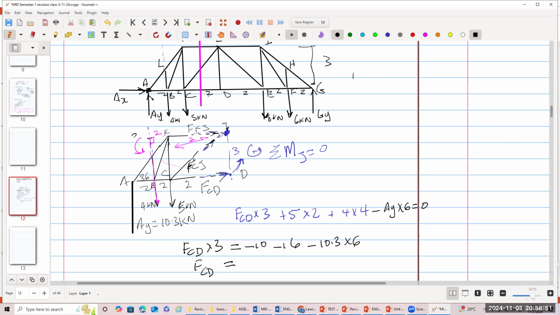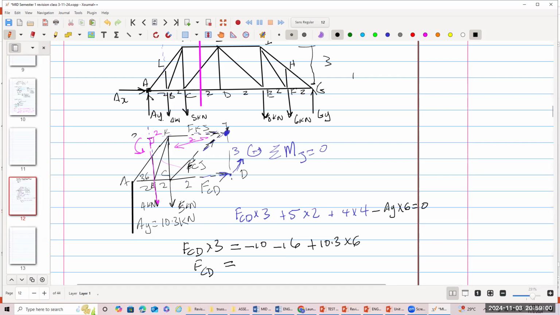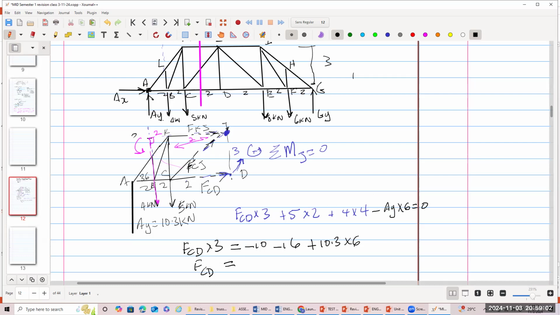So I'm getting minus. Am I correct? No, I'm supposed to get one as plus. So I'd be wrong. Nobody caught that?